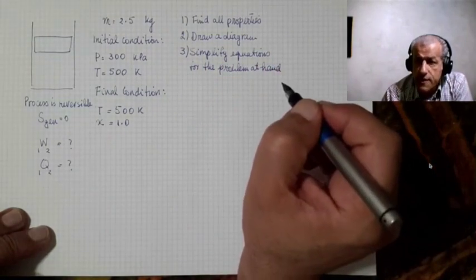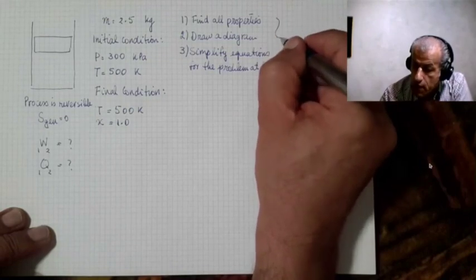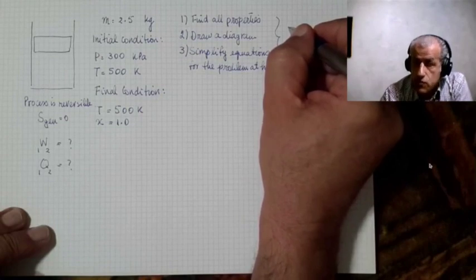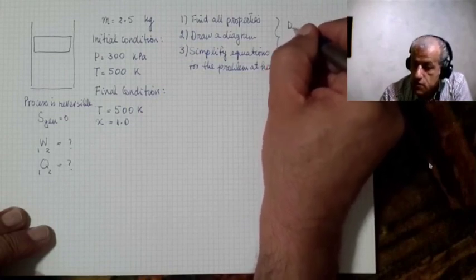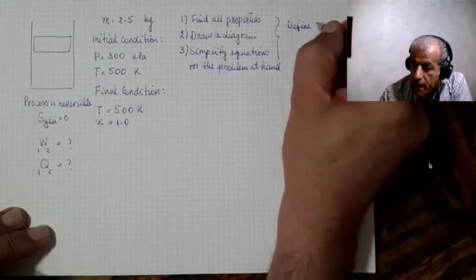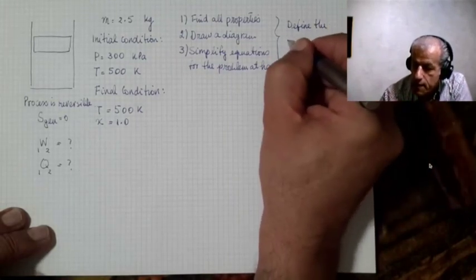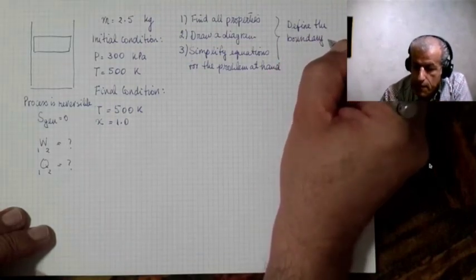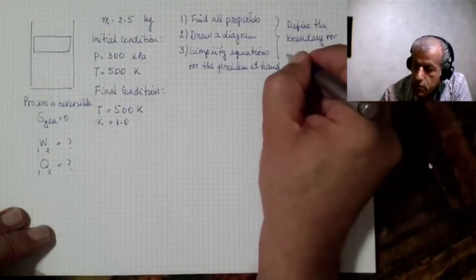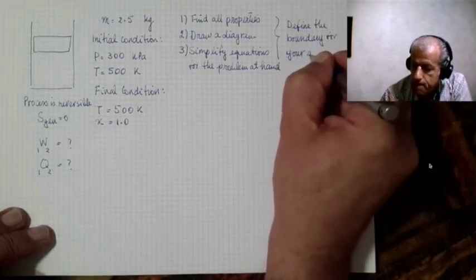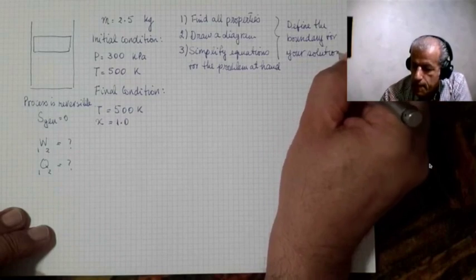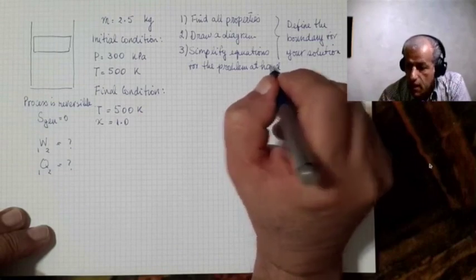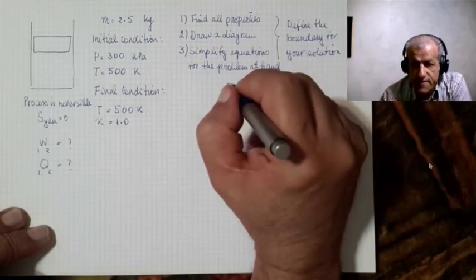And do all this for a defined control volume. So what you have to do initially is to define the boundary for your solution. This is very, very important that you define the boundary and then do all these things that I have said.